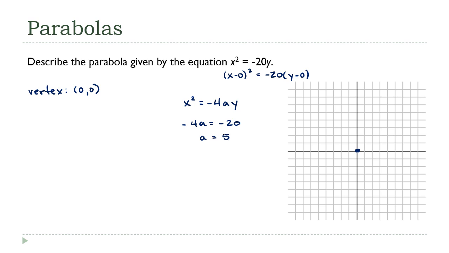A is the distance between the vertex and the directrix in one direction, and the vertex and the focus in the other direction. Now, because our parabola opens down, the directrix has to be above the vertex, and specifically it's going to be 5 units above. So the directrix will be right here, and the equation of this line is y equals 5. So there's my directrix.